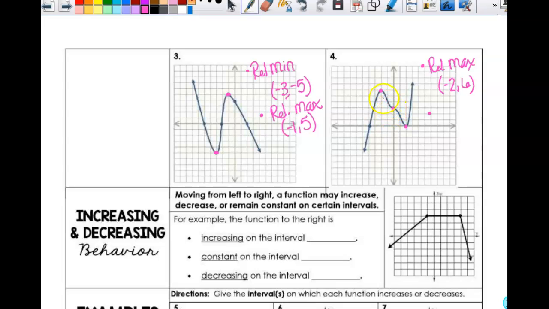This one, notice I'm not changing direction because I'm going down. I just wiggle and I'm still going down. So what's that one called? Point of, remember? Point of inflection. It's what your cubics have. And that's at (0, 3).